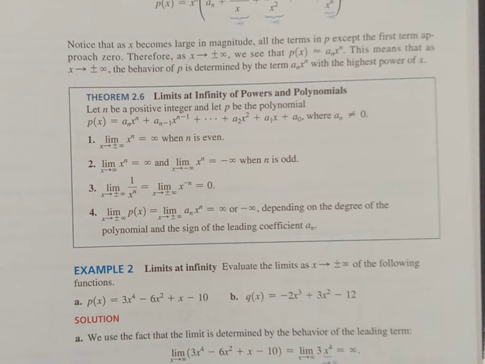If that's true, and n is even, then just like what we said, in both directions on the x-axis, the y values are going to positive infinity. And if it's odd, as we go to positive infinity, the value is going to positive infinity. As we go to negative infinity, the value is going to negative infinity. All right?